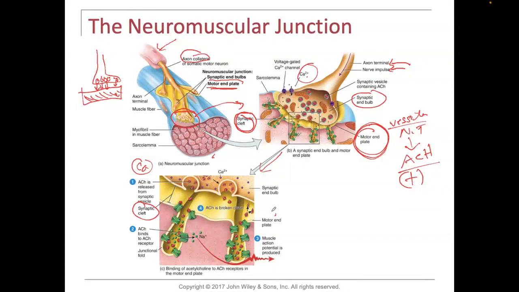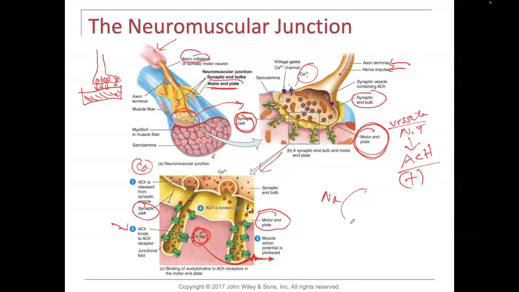And on the motor end plate, this is the muscle side, this is the nerve side. On the muscle side, we have these green receptors. So the ACh, the acetylcholine, binds to this receptor. And this receptor is like a key. The key goes in the lock, it opens the door, and what rushes in is sodium. Na is sodium.